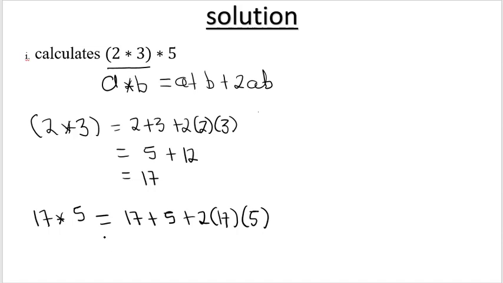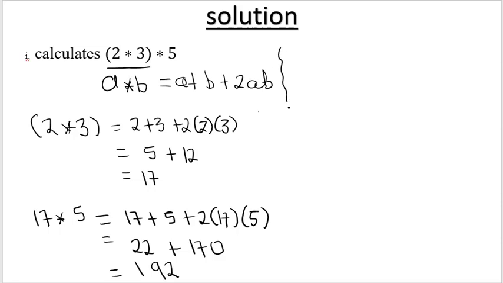The 17 plus 5 is going to give us 22, plus 2 times 17 times 5, which gives us 170. We simplify this and it gives us 192.